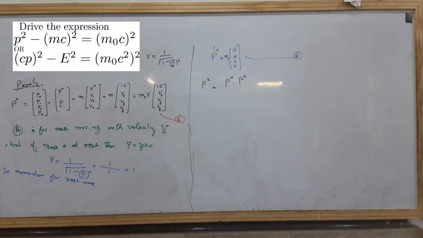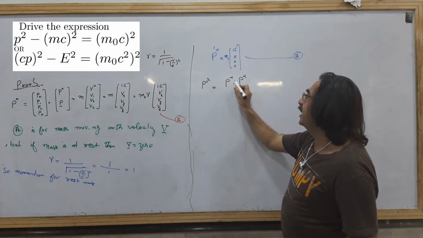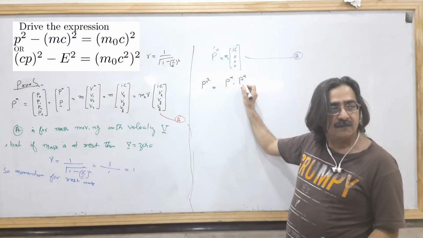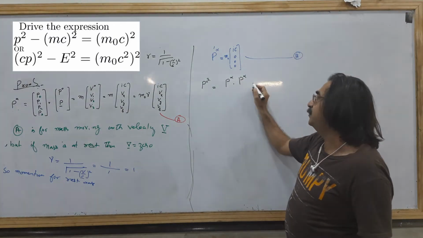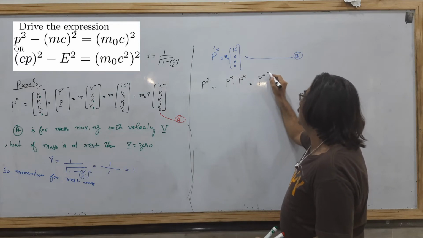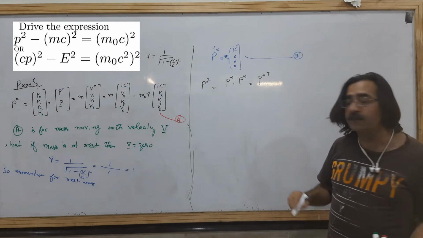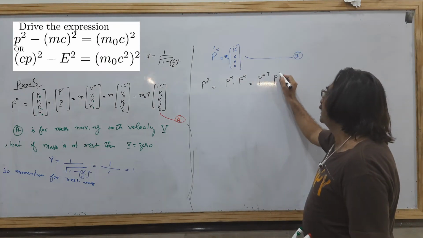If we are interested to find P alpha squared, we have to take the dot product of P alpha with P alpha. And how will you find the dot product? You will take the transpose of the first vector and the second will remain the same.